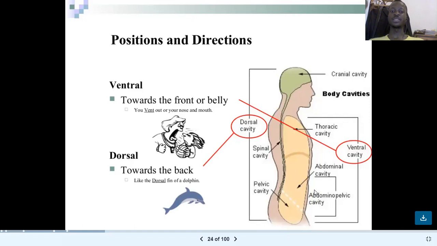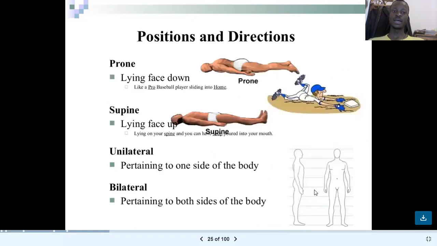Then ventrodorsal, we talked about this. Then there's what is known as the supine position, whereby you lie on your spine, back down, face up, or in relation to the palms of the hand, the palm of the hand will face towards the sun, to the sky. Then lying down, you can have what is known as the prone position, right?